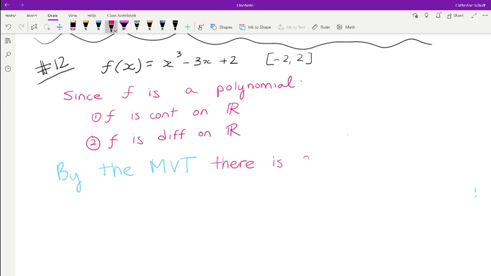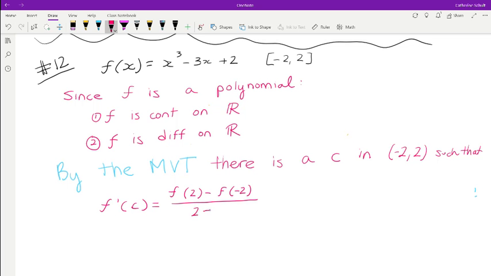There is a number c in the open interval negative 2 to 2, such that, or where, f prime of c is equal to the slope of that secant line between the endpoints. All right, so that's the MVT.